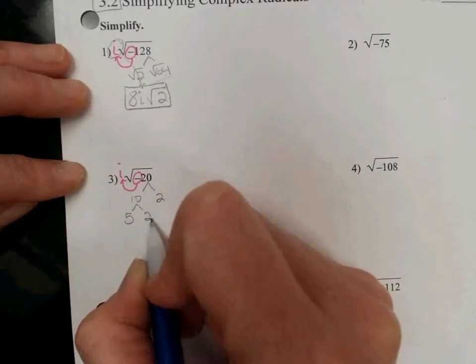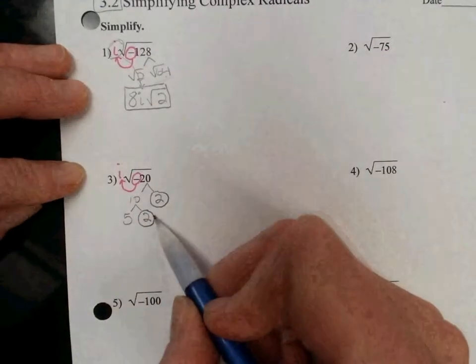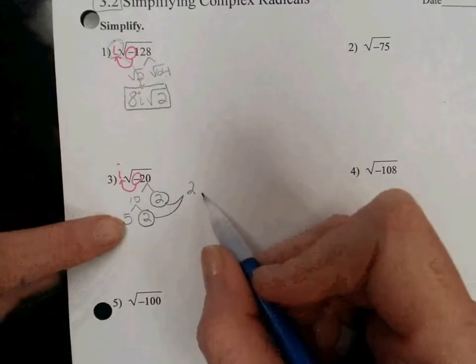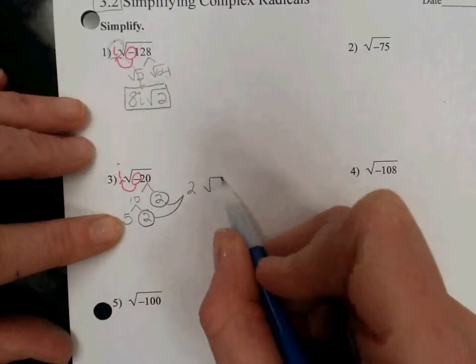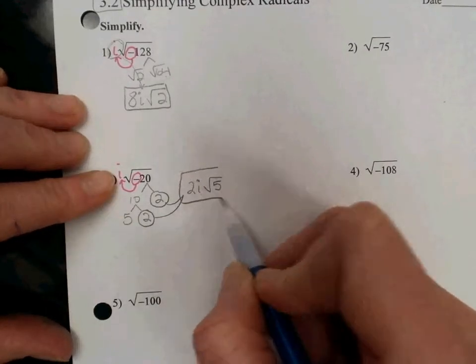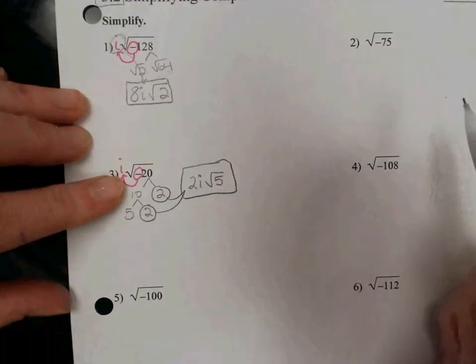So we're doing the jailbreak method here. So we've got a pair of 2's, and they break out as 1, 2. The 5 has to stay underneath. And don't forget about the i. So the final answer here, simplified, is 2i radical 5.